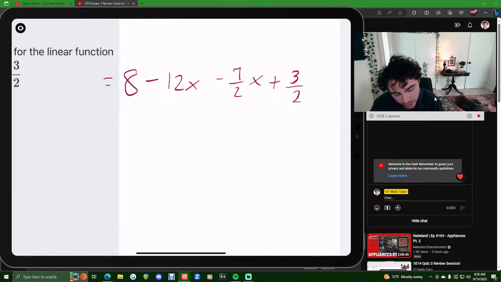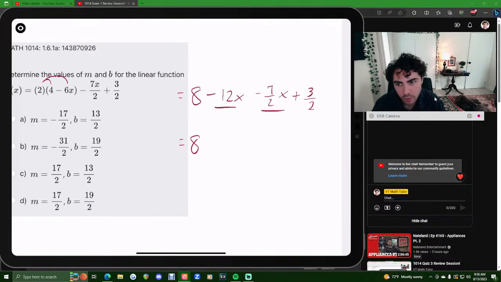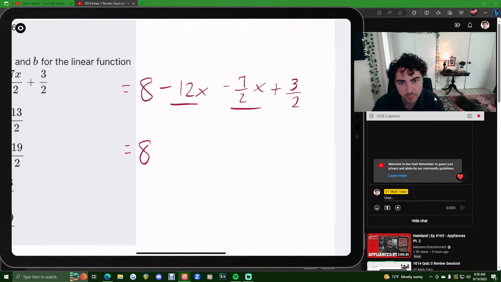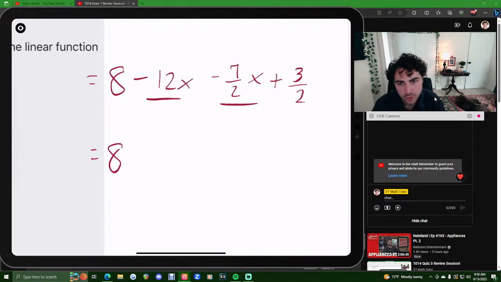So our like terms are the minus 12x and the minus 7 over 2x. I might start with those. So I'll just leave the 8 for now. We want to make sure if our answers are in fractions, so I'll just do it by hand. I'm going to convert the minus 12 into a fraction that has a common denominator with the other fraction.